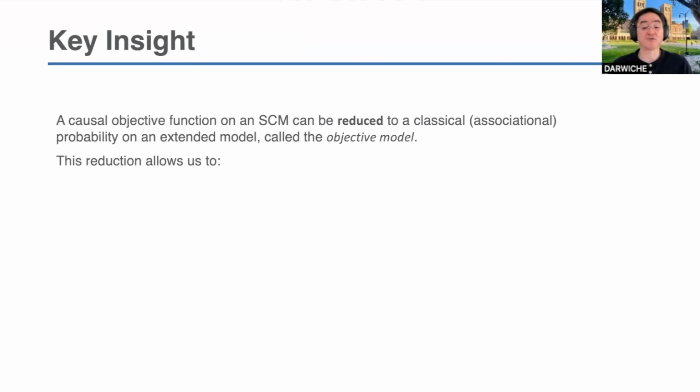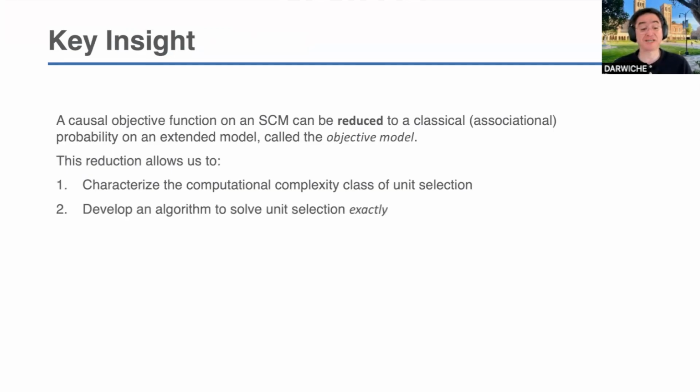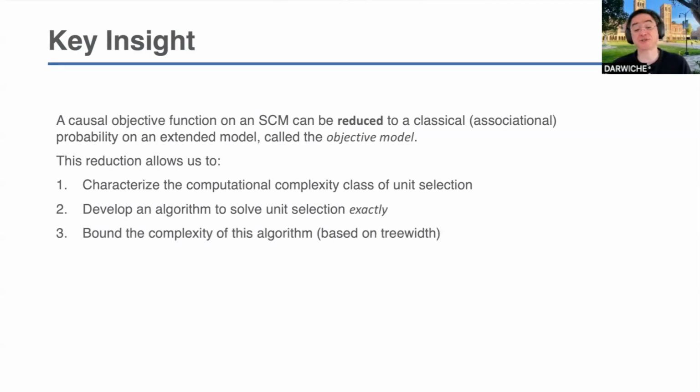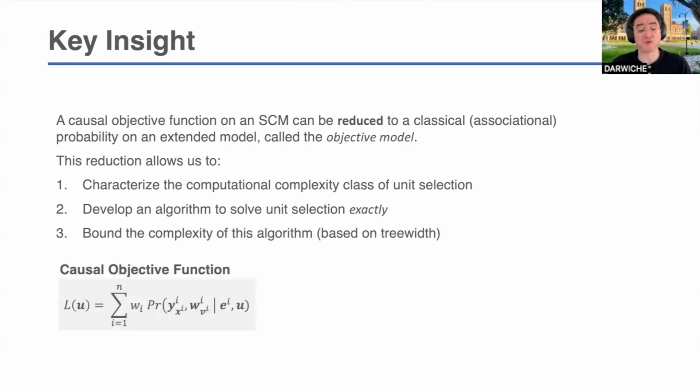This reduction, which I will sketch next, allows us to first characterize the complexity of unit selection. It allows us to develop the first algorithm for solving this problem exactly using the broad class of causal objective functions that I've mentioned, and to give bounds and so on.